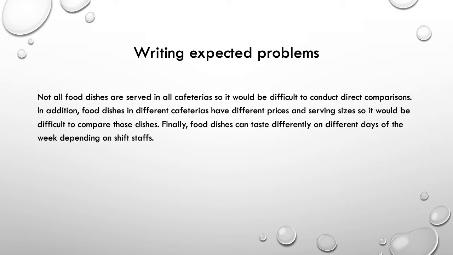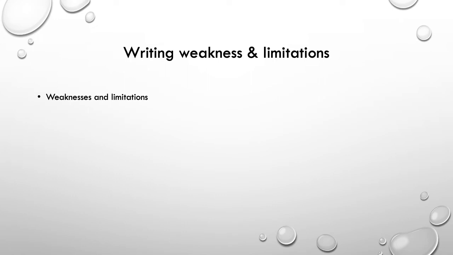However, the expected problems sometimes cannot be avoided. Therefore, in that case, that's okay. We would write them as weaknesses and limitations. So, expected problems, weaknesses, and limitations of your study can be quite similar.